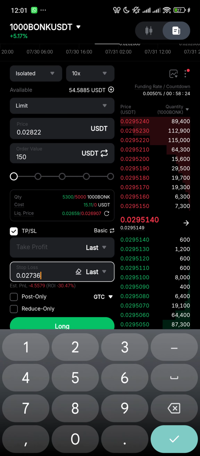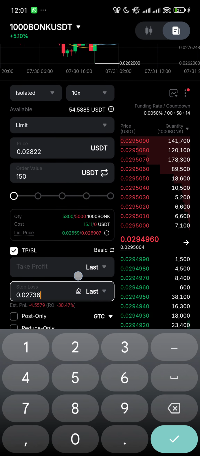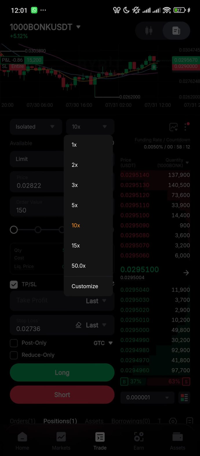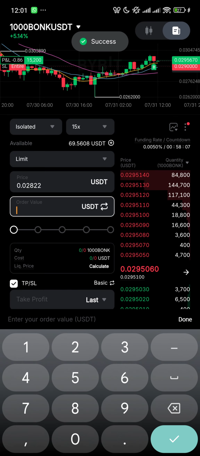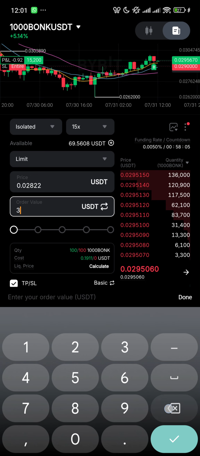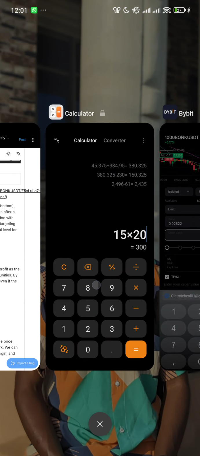So let's say 67.36. I'm missing $5 for this trade. So let me increase this to 15. So 15 times 15, that's 300. Sorry, no, that's not 300. That's 225. Yeah, 225.